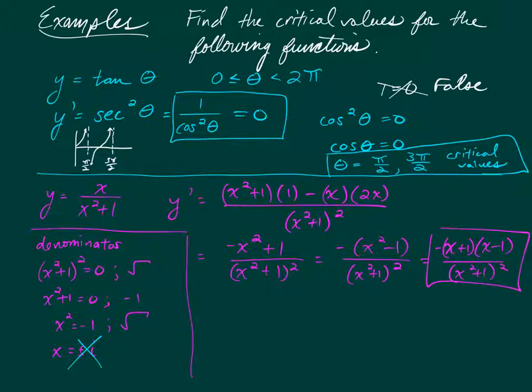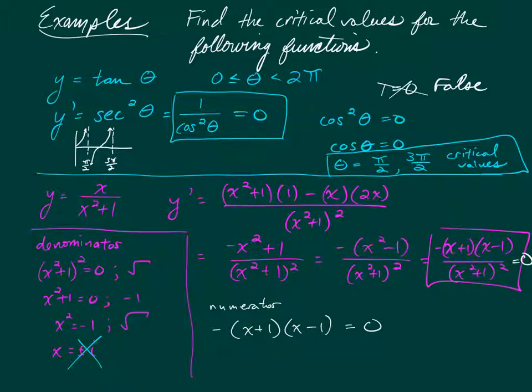So over here in white, I'm going to write numerator. And the numerator is negative x plus 1 times x minus 1, and we'll set that equal to 0. Essentially, why we can set the numerator equal to 0 to find critical values is because, way over here, if you set the entire fraction equal to 0 and multiply by the denominator, 0 times the denominator will be equal to that numerator.